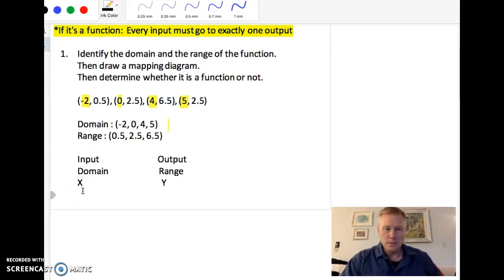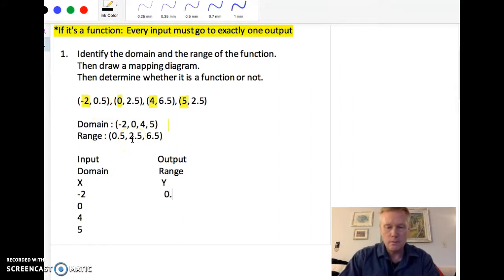So if I'm listing these, I can just list them right here in order. First I got -2, and then I got 0, and then I got 4, and the last one I have is 5.